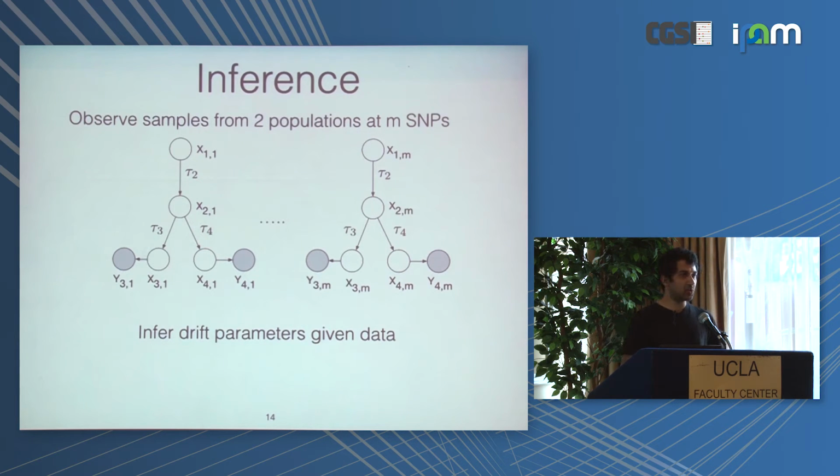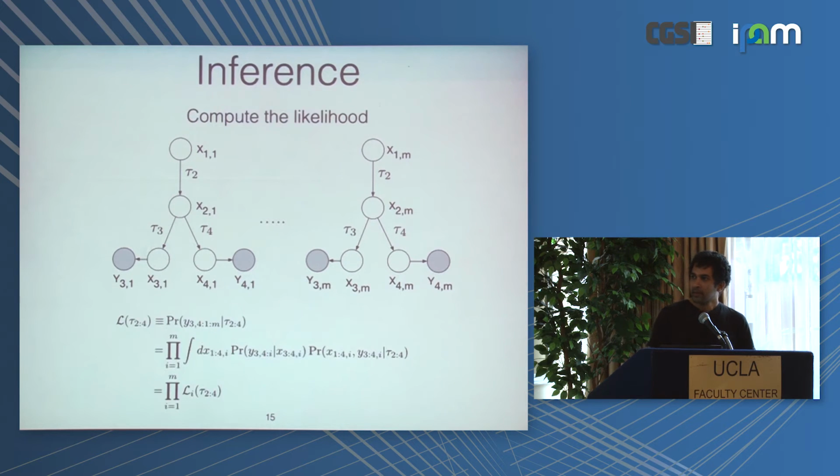So the key ingredient to be able to do that is to write down the likelihood. We'd like to write down the likelihood of these shaded circles as a function of the parameters that we care about. So the likelihood is basically the probability of the y variables given the parameters of the model.